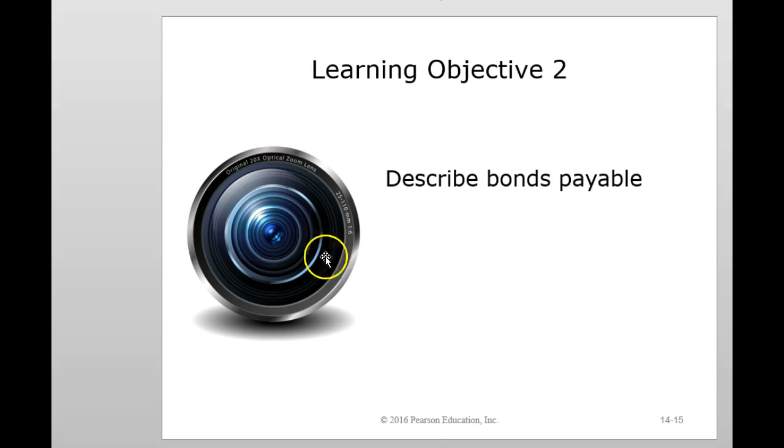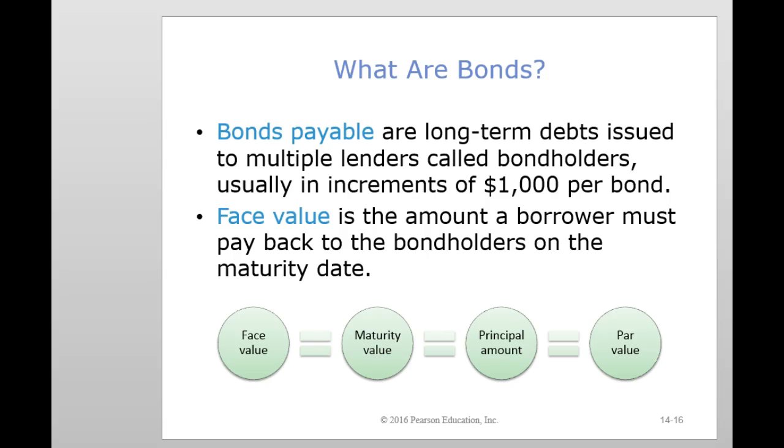So let's describe what the heck is a bond and why is that different. Well, a bond's a long-term debt, okay, and it's issued to several lenders, and they're called bondholders. Imagine that. And they're usually issued in increments of $1,000 per bond.